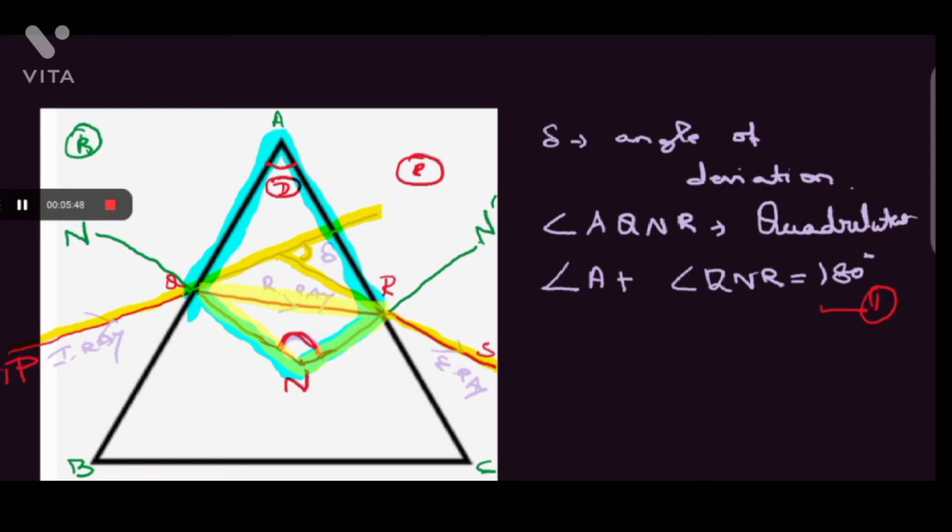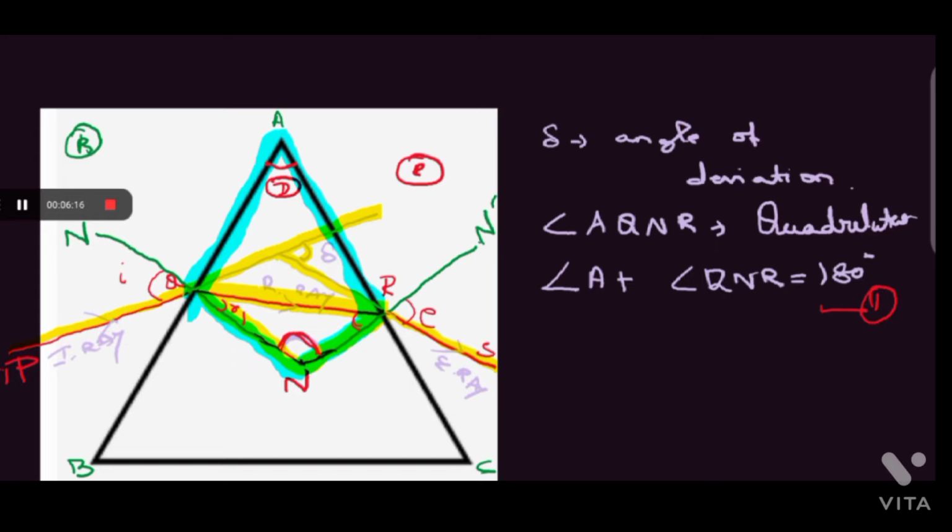In this triangle QNR, let me mark this as R1. You know that when the ray falls at the point of incidence, this should be the angle of incidence, and this is your refracted angle. When it is totally emerged out, the angle between the normal and the emergent ray will give you the angle of emergence.